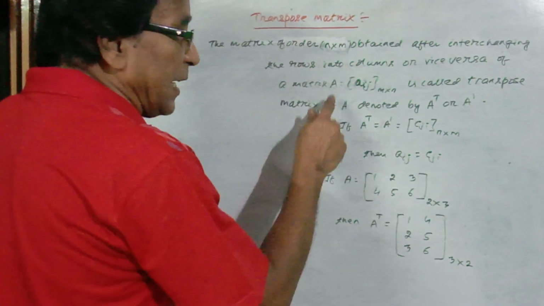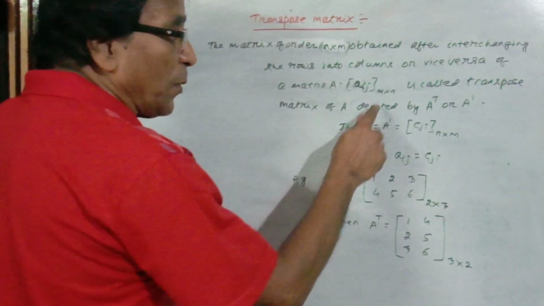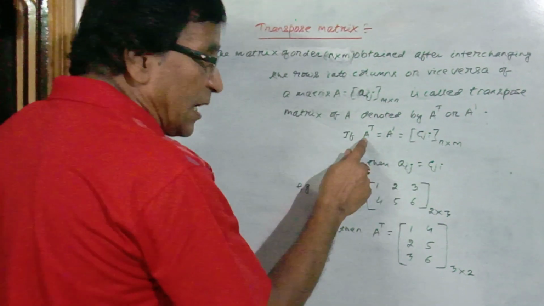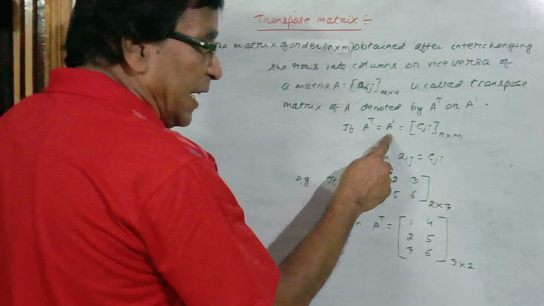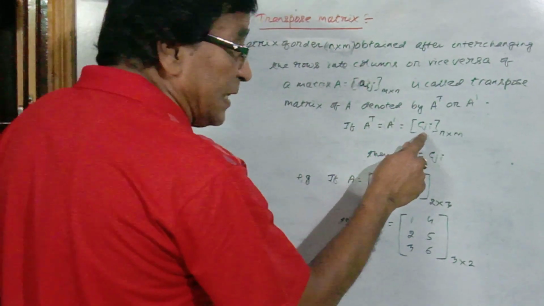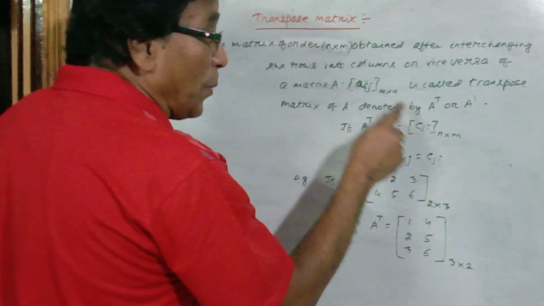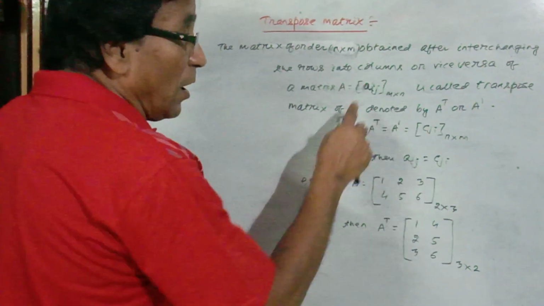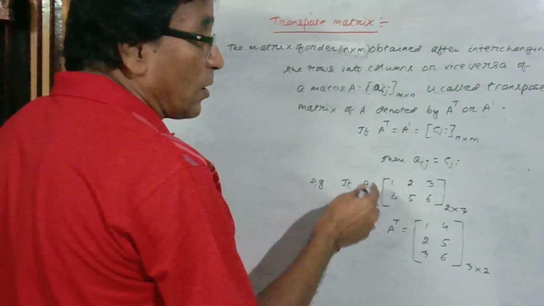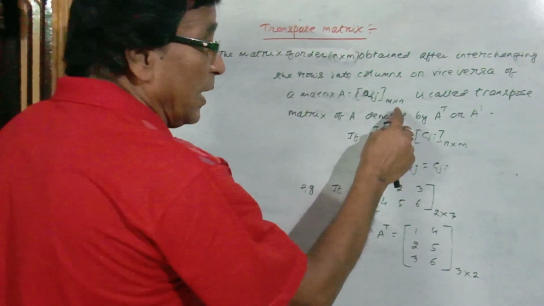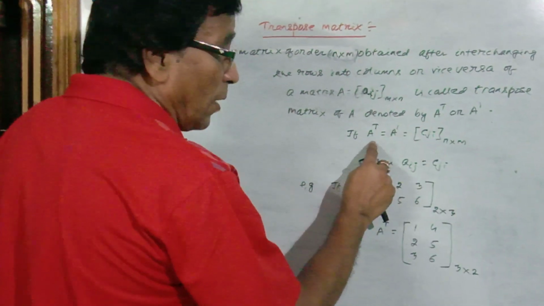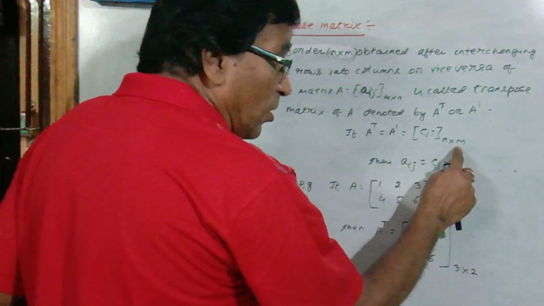So here you see that if A matrix is Aij of order m cross n, then its transpose matrix A dash or A to the power T is Cji of order n cross m. Because if we interchange the rows into columns, then its order will be reversed. That means the order of transpose matrix will be n cross m.